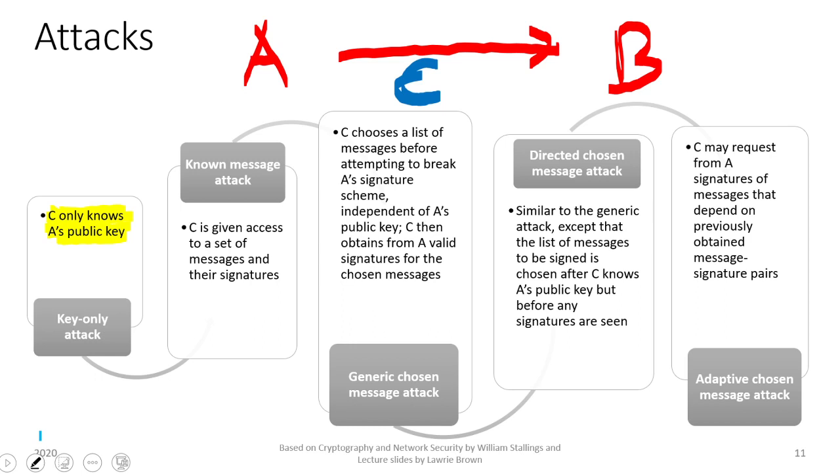So it depends on what information is available, and how they can go about attempting to break the signature scheme.